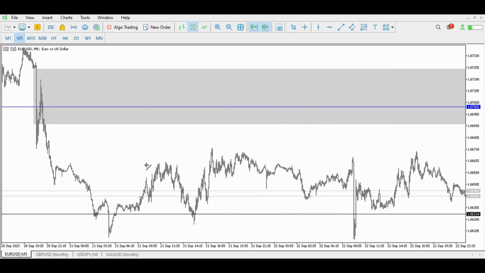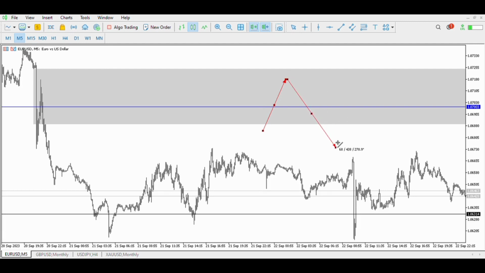So let me try and explain to you guys what I mean by change of character. So when price gets to this level right here, you want to see something like this, price to enter the fair value gap, something like this. Then you want to see price come all the way down to break it.